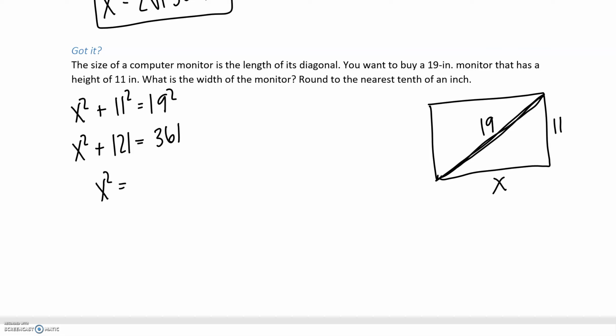That gives us x squared equals 240. So we're going to take the square root of both of those. It tells us to round to the nearest tenth of an inch. So if we just put the square root of 240 in our calculator, that gives us about 15.5 inches.